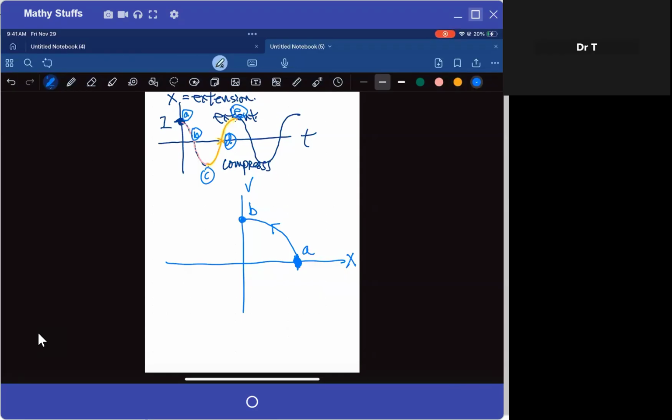Then as I move from B to C, I'm now at -1. And that's max compression. And then this whole thing, that's the pink arc up there, looks like this.